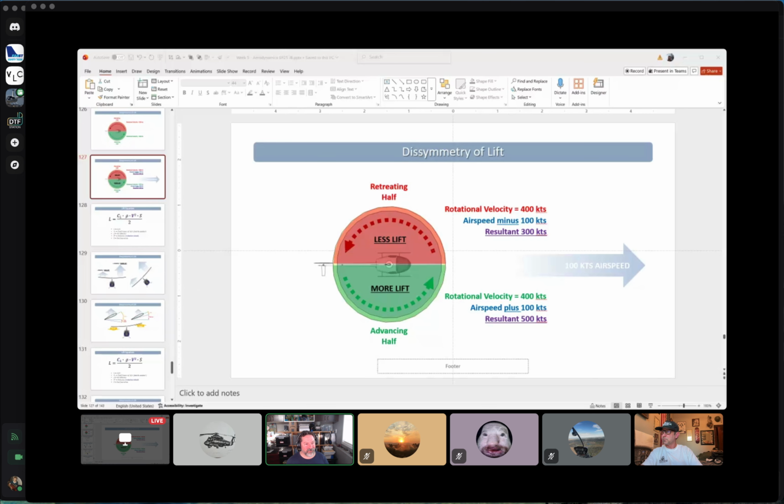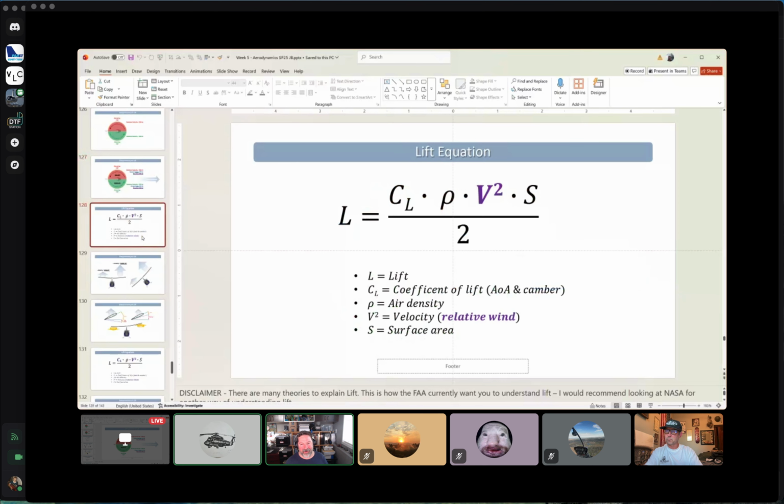I just shared a slide here real quick, which is exactly what you were just talking about. I don't know if that's working, but the whole 400 knots, this is probably pulled originally from the same source you were talking about. And then we're relating it back to the lift equation, because I relate all these back to the lift equation, and they realize it's not as bad as it sounds.